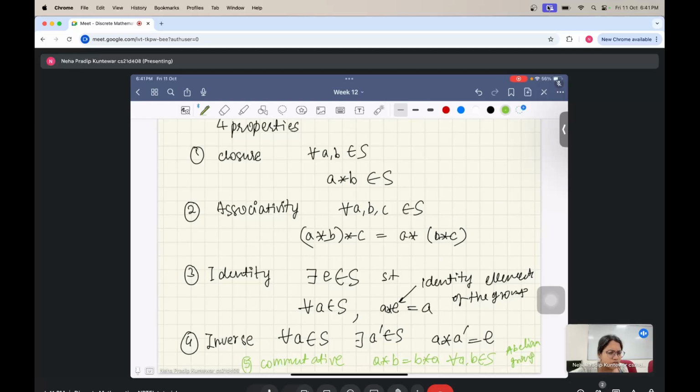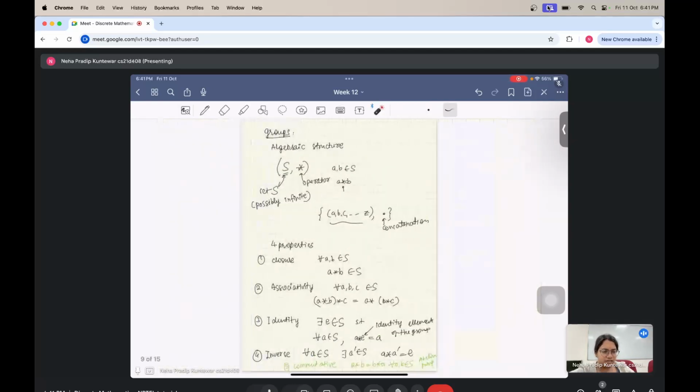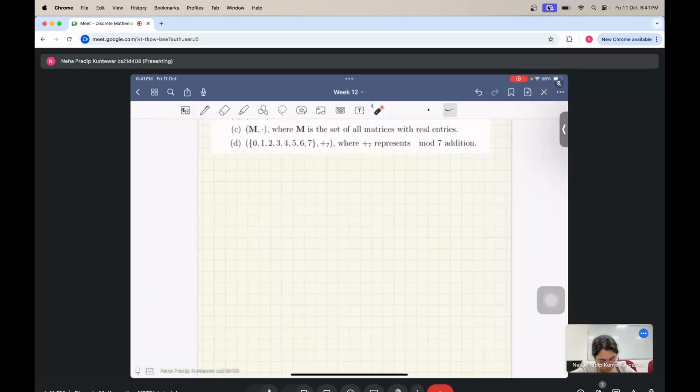This is also very well studied, and if we come across such an example, we will definitely point that out. So far, all you need to remember is these are the four properties that define a group. Okay, so let's see this with examples.